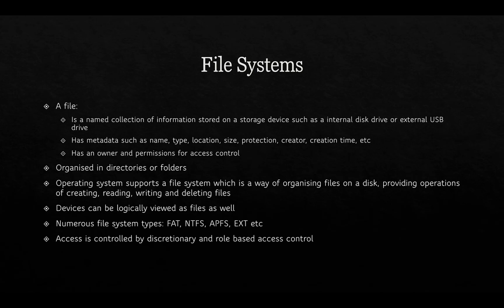And over the years, it's progressed from early DOS and Windows file systems that used FAT and FAT32 through to NTFS, APFS, which is Apple file system, EXT on Linux, etc. So there's a whole series of these. And access to files is controlled by discretionary and role-based access control, as we sort of mentioned in a previous video.